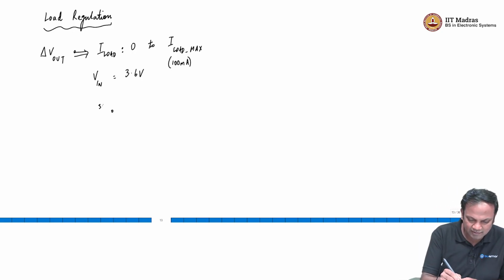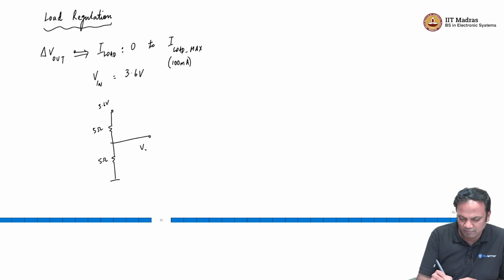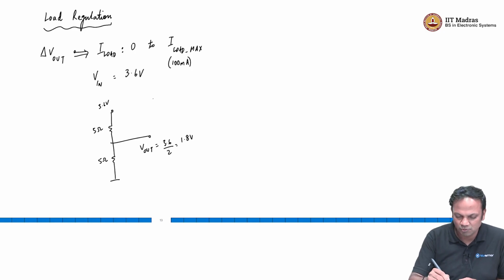We have 3.6 volt, then we have two 5 ohm resistors. There is no load current, which means that V out will be 3.6 by 2, which is 1.8 volt. So, V out when I load equal to 0 is 1.8 volt.